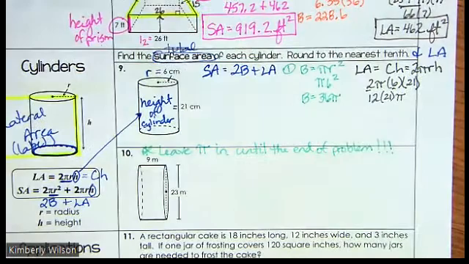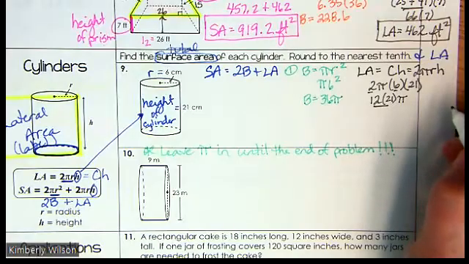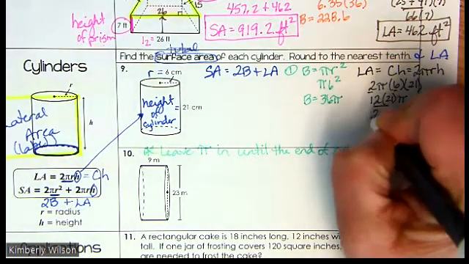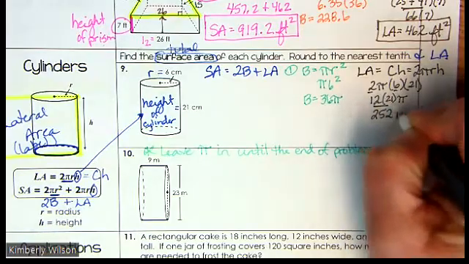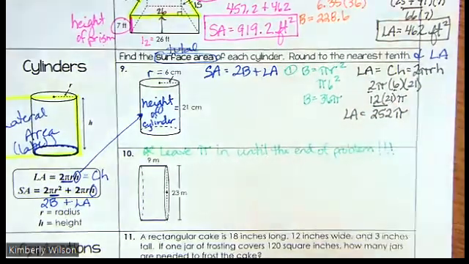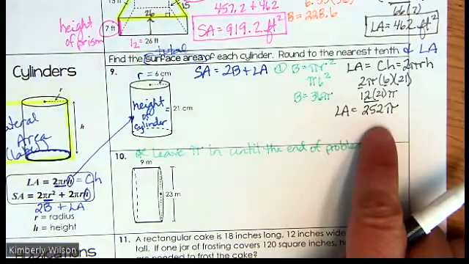And I always write the pi symbol at the end. Now 12 times 21, oh, that's a palindrome. It's 252. So we have 252 pi, and that represents the lateral area. We'll come back later and plug in the 3.14 here.